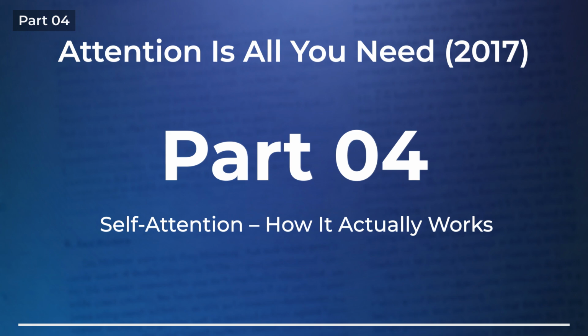The 3 ways attention is used in the transformer. The transformer uses multi-head attention in 3 distinct ways. Let me walk through each one. First, encoder-decoder attention, also called cross-attention. Here, the queries come from the decoder, but the keys and values come from the encoder.